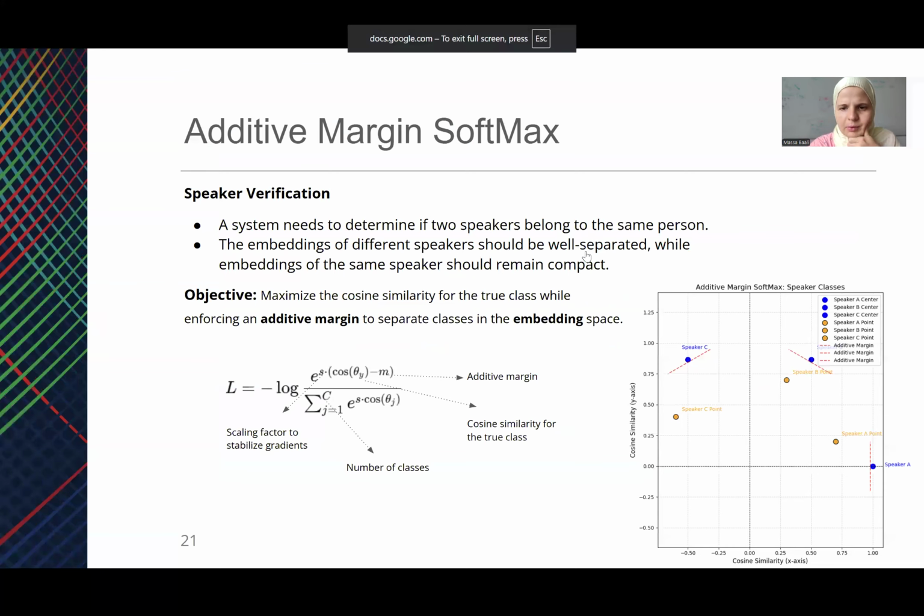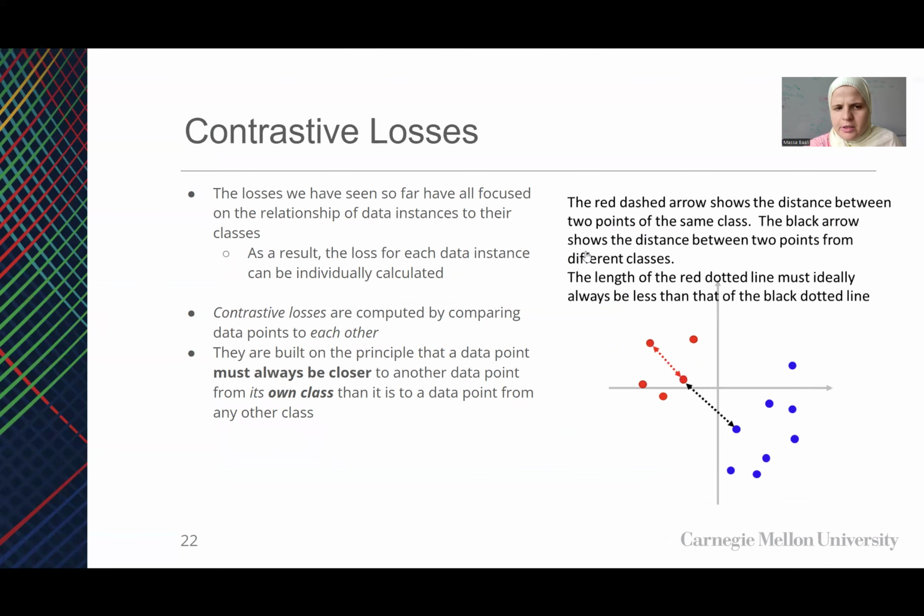Now we have contrastive losses. So the losses we have seen so far have all focused on the relationship of the data instances to their classes. But as a result, the loss for each data instance can be individually calculated. So the contrastive losses are computed by comparing data points to each other.